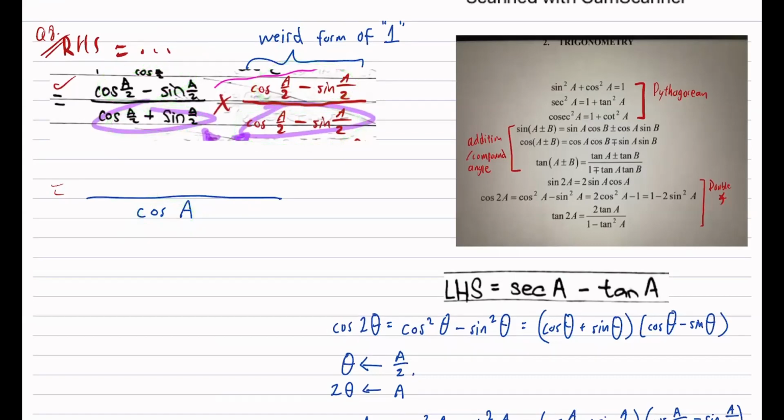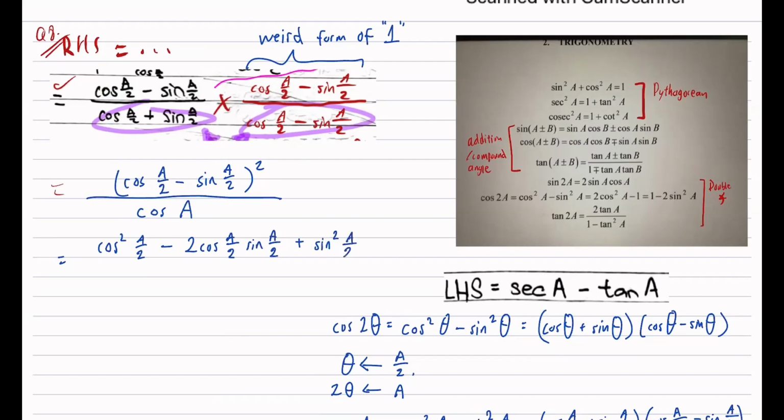So here you have to think about the numerator. Same expression, what a coincidence. That means that it's really just cosine a over 2 minus sine a over 2, bracket, square. Then we can expand: cosine square minus 2 times cosine a over 2 times sine a over 2 plus sine square a over 2.